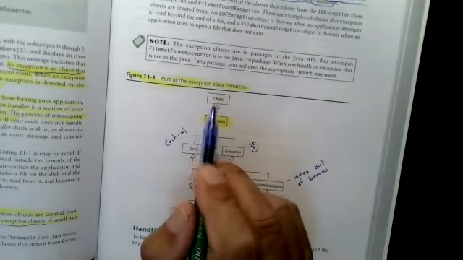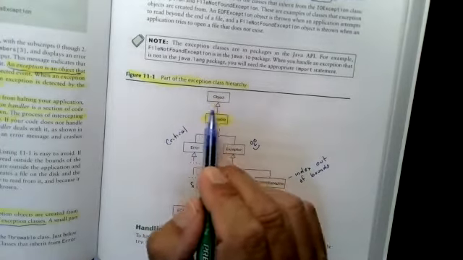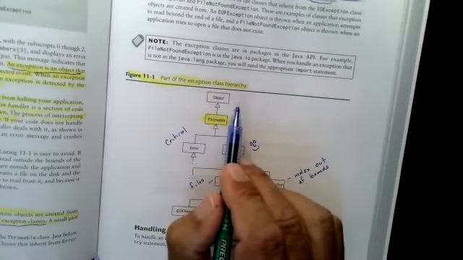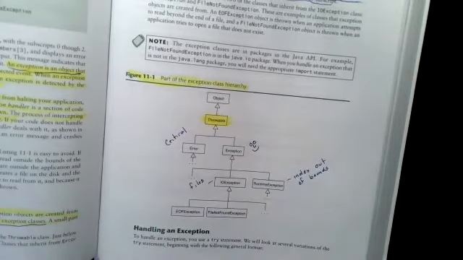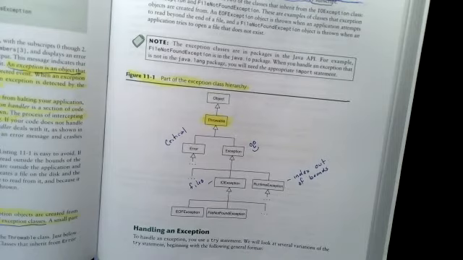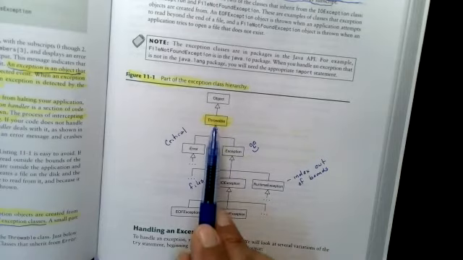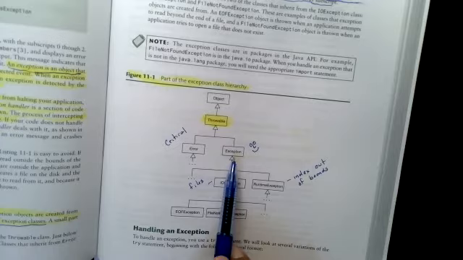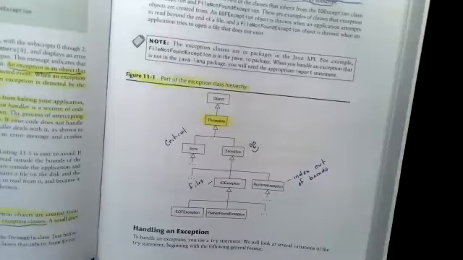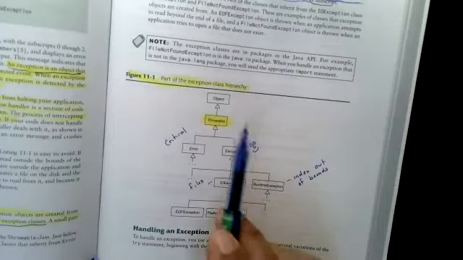So we have this guy right up here, the super-duper class. It's always there. We never see it. We have a lot of things inherited from it. A subclass of object is something called Throwable. And as you can see by this chart, Throwable has subclasses down here, and down here, and we're just going to take a look at a couple of them.